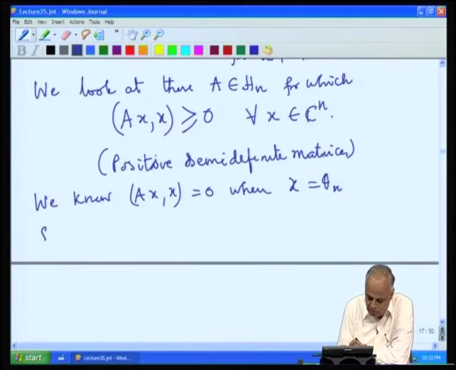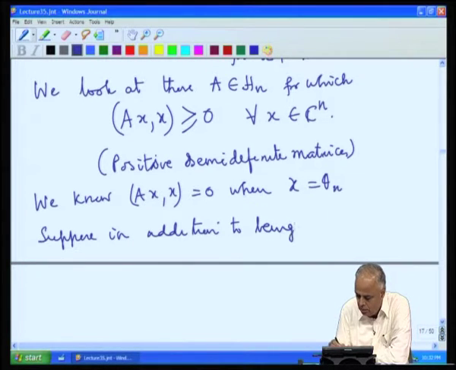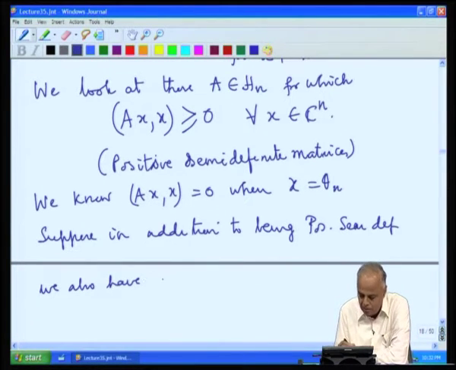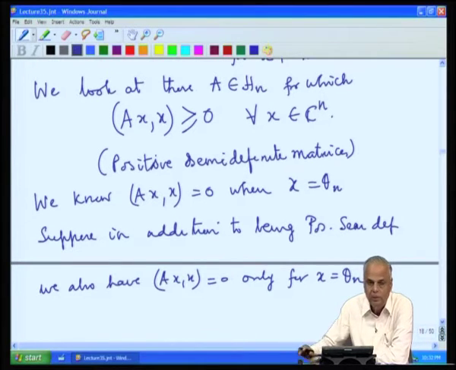Suppose in addition to being positive semi definite, we also have 0 only for x equal to theta n, which means what?